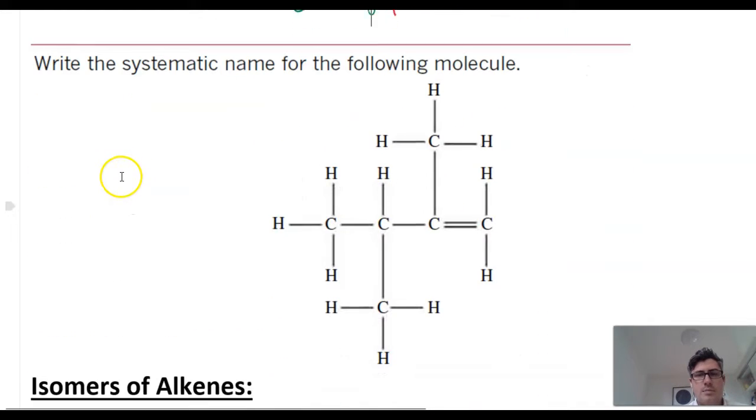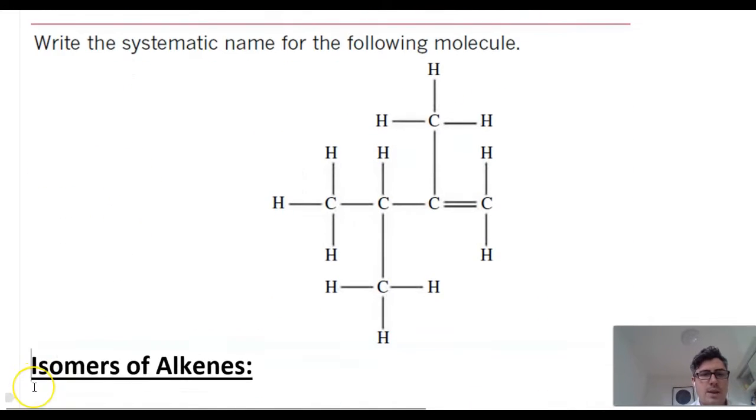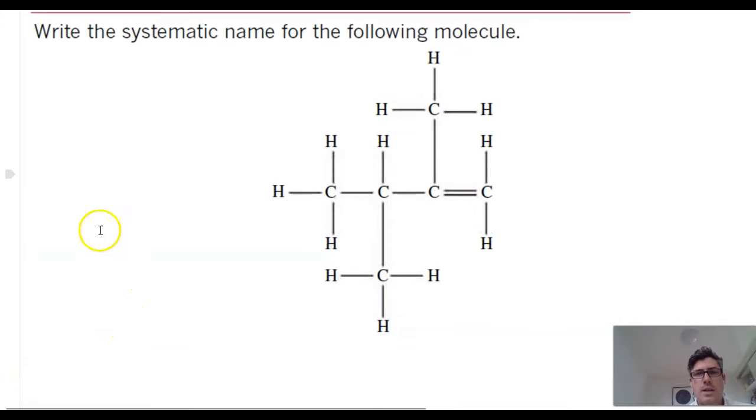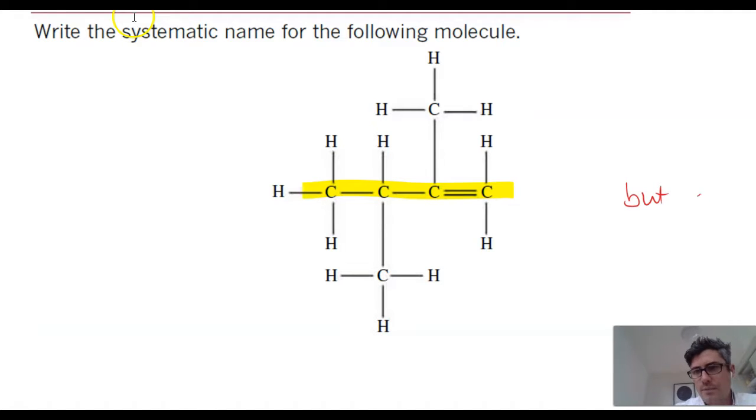The next molecule here, have a go at pausing this video and naming this one now. So once again, we're going to go and find the longest carbon chain. So we can see that is either this one, or you can go around the corner, but it actually makes no difference to the parent molecule. The parent molecule is a butene, and if we're specific about where the double bond is, it's between the first and the second carbon, because we start numbering on the side with the double bond, and so it's a but-1-ene.